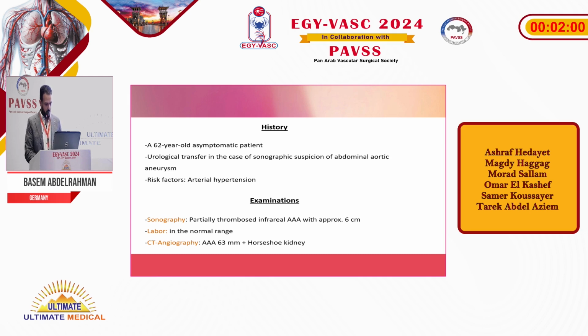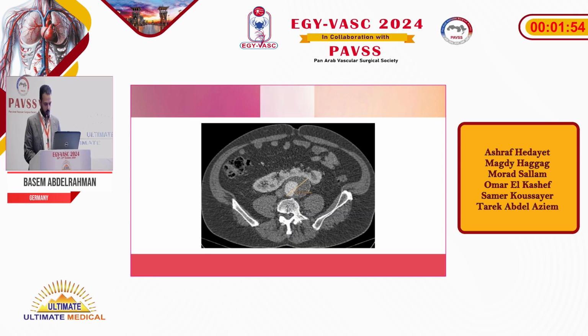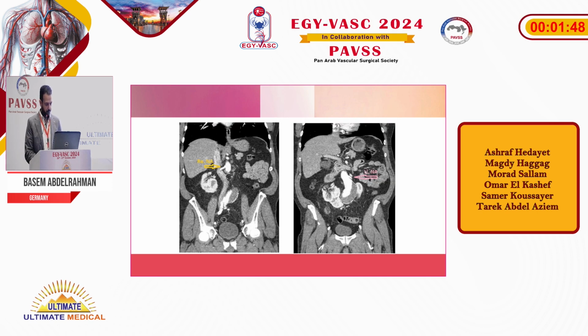CT morphologically showed an abdominal aneurysm of 63 millimeters plus a horseshoe kidney, and this slide shows the diameter of the aneurysm. The right renal artery is above the left renal artery, and luckily there were no accessory renal arteries.